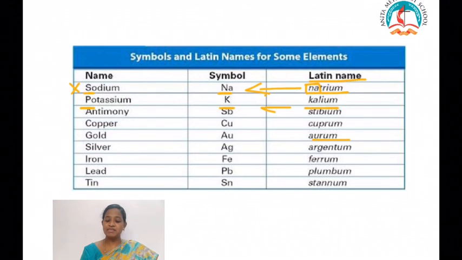For silver, the Latin name is argentum and the symbol is Ag. For iron, the Latin name is ferrum and the symbol is Fe. For lead, the Latin name is plumbum and the symbol is Pb. For tin, the Latin name is stannum and the symbol is Sn.